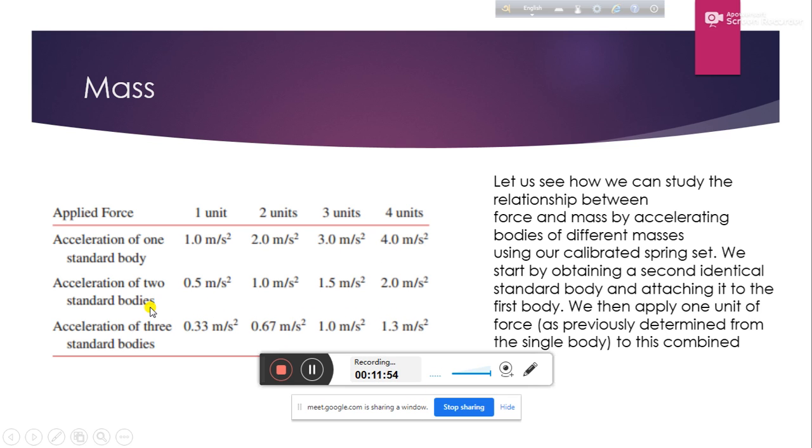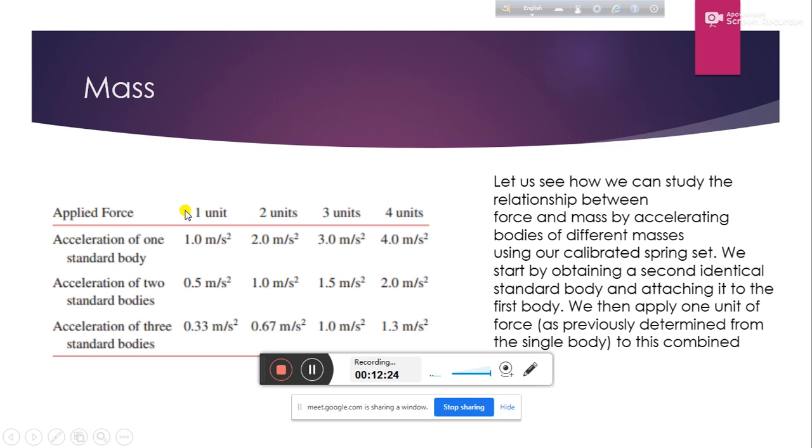So what is our conclusion? When we have 2 units of bodies, then for the same applied force, the accelerations become half. Each horizontal row, you see, is half of the first horizontal row. And in the third row, when the quantity of the body is 3 times, the acceleration becomes 1/3.